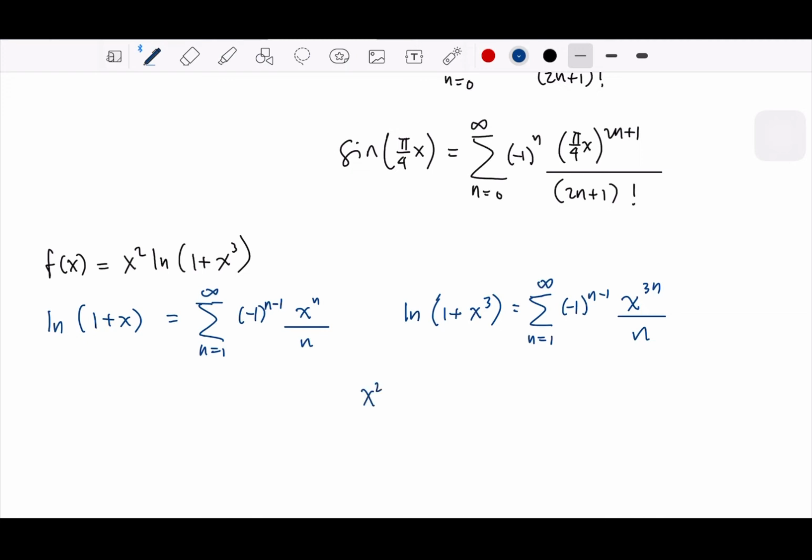And then if we have x squared, then we will have x squared like this, or maybe just directly write plus 2 on the x like this.